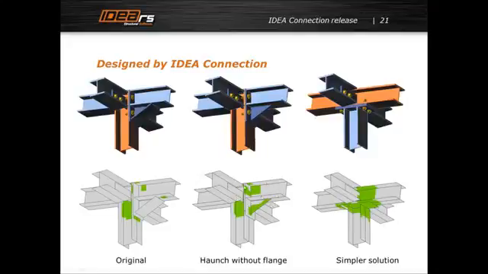So when we analyze properly, we can save and decrease the price of connections, or we can make different variants of such a connection or such a joint, and again we can make it simpler and cheaper, like here.